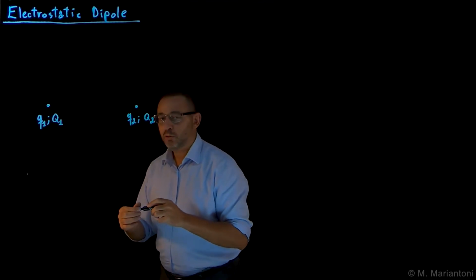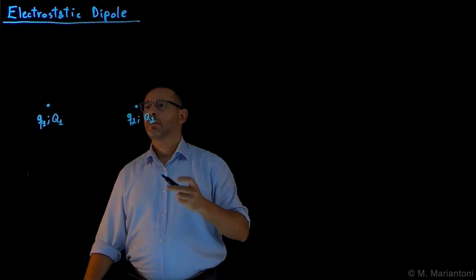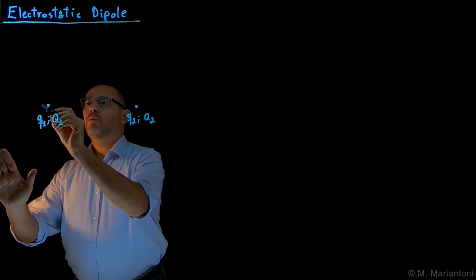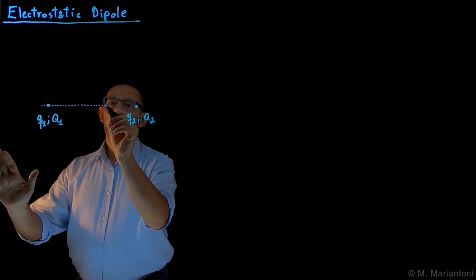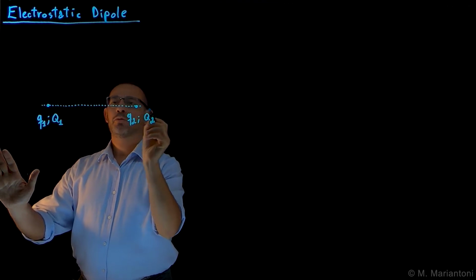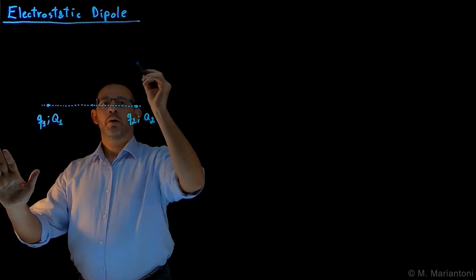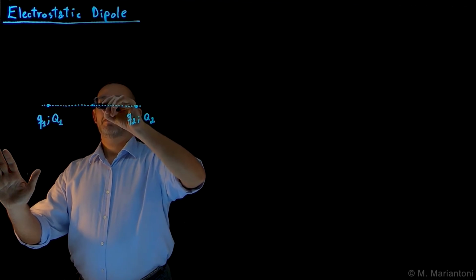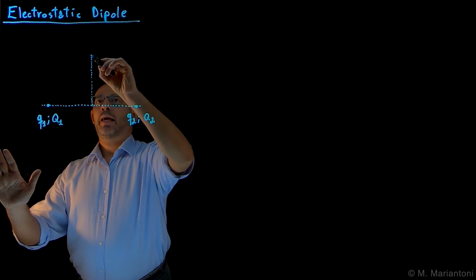The question is, we want to find the electrostatic field at a point, for example, if this is the line connecting these two particles, this is the midpoint of such a line, we want to find the electrostatic field, let's say, on this central axis.